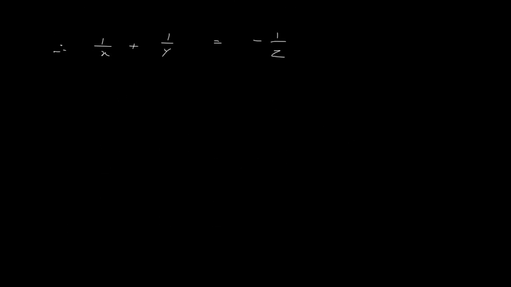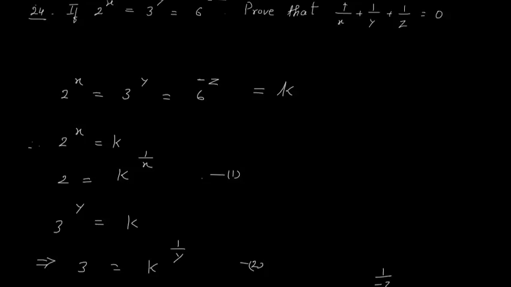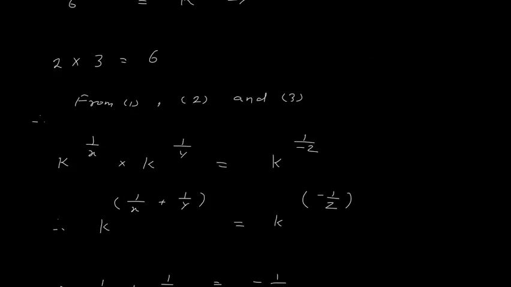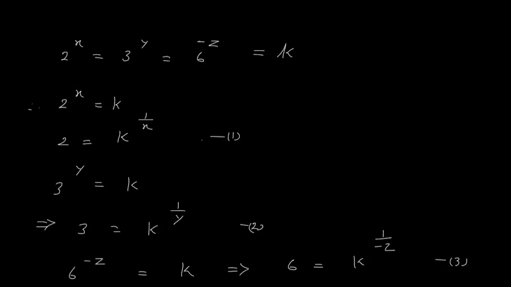So therefore 1 upon x plus 1 upon y plus 1 upon z is equals to, now this will come on the left hand side and here I will get 0. So 1 upon x plus 1 upon y plus 1 upon z is equals to 0. Hence we have proved, right?